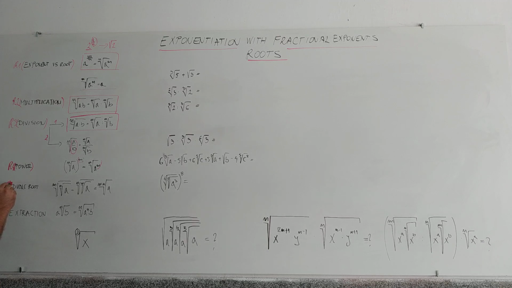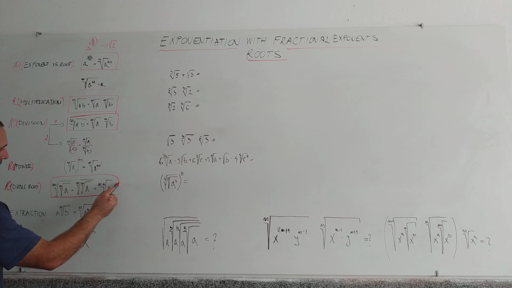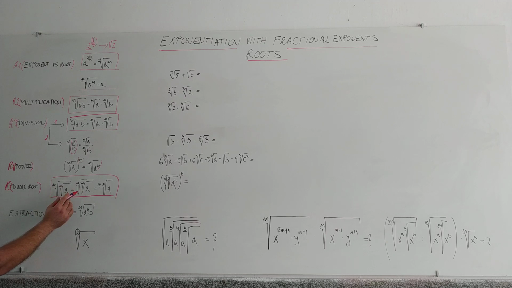Rule number 5, double root. Root below the root. Okay, m root from n root a. What rule is this? This rule says basically we can change places of roots.